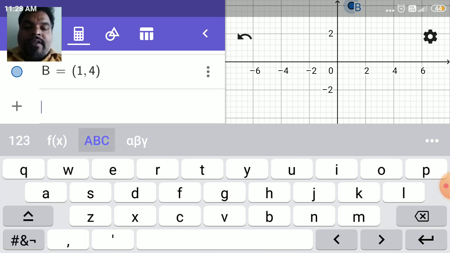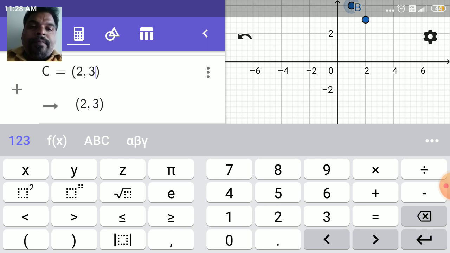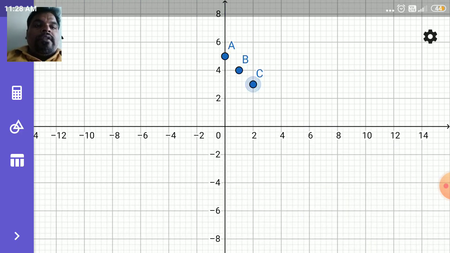The point is C and the coordinates of this point are 2 comma 3. Now these are the solutions of the first equation.